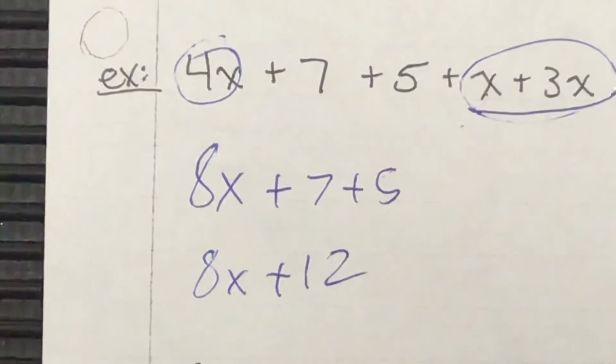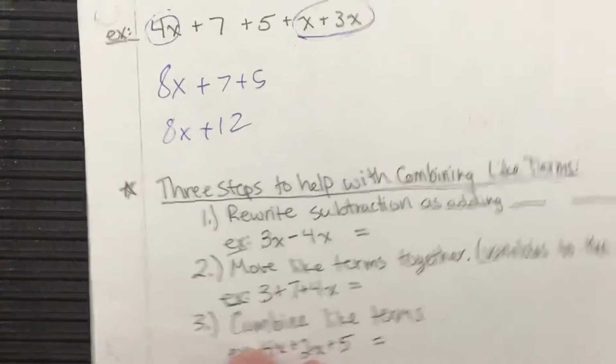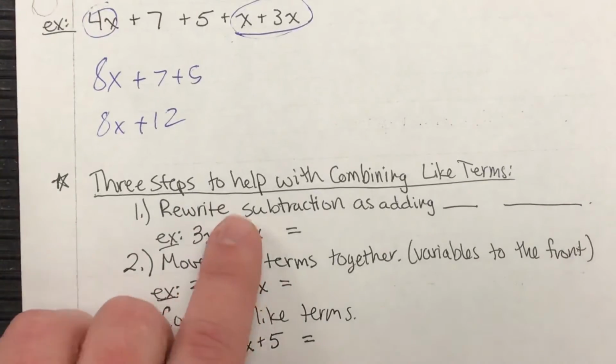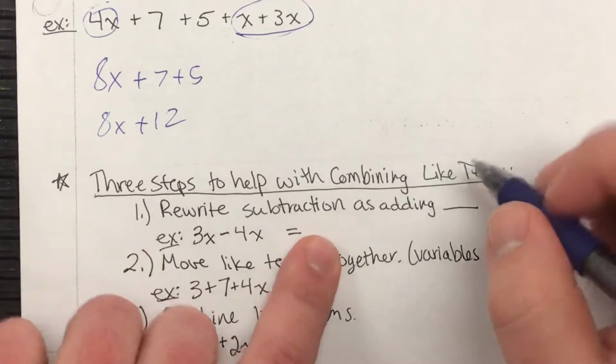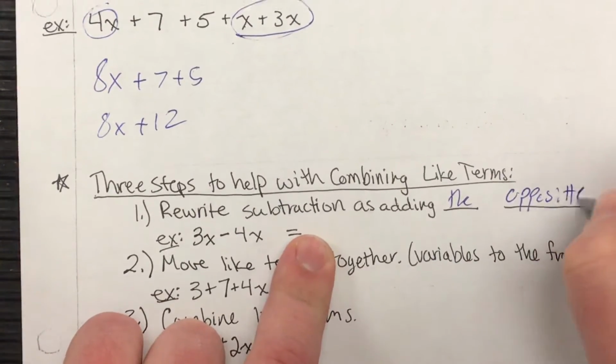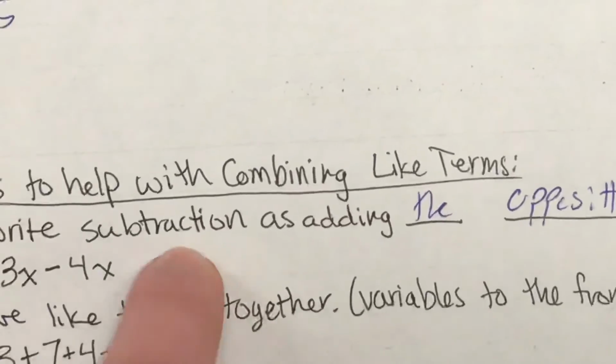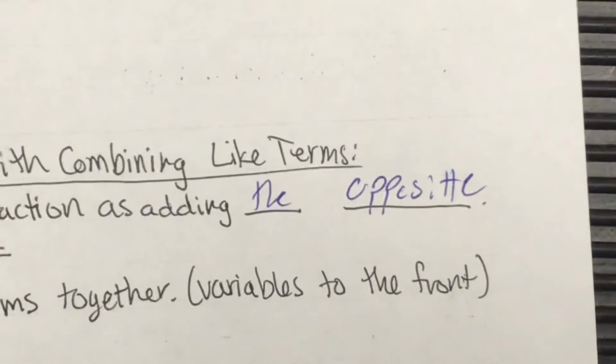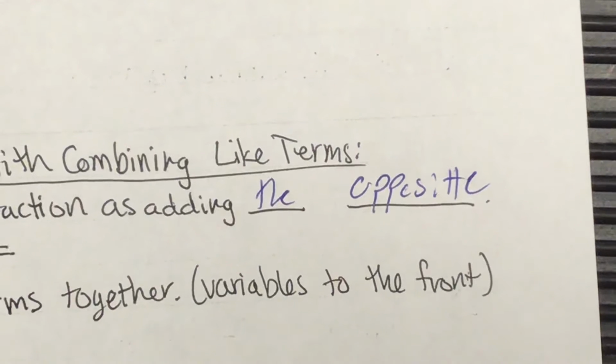Ready to go, Landon? All right, so 3 steps to help with combining like terms. We're gonna rewrite subtraction as adding the opposite. Can you see that one?